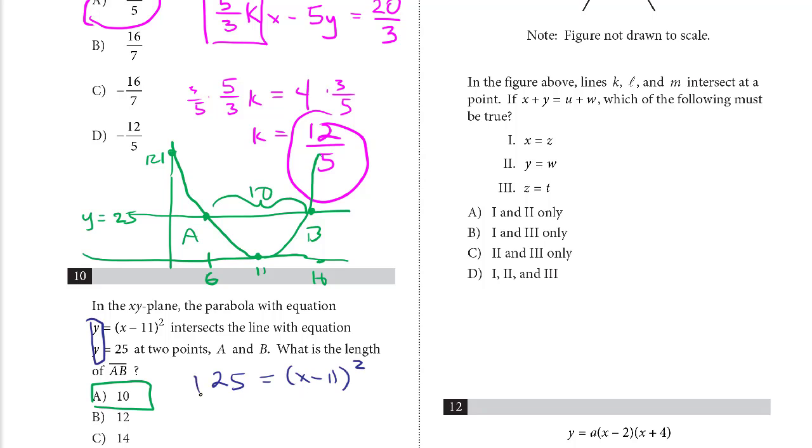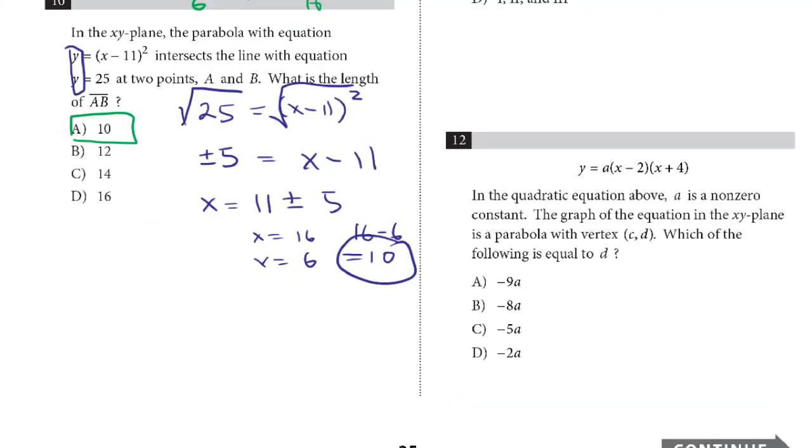I'll take the square root of both sides, and I'll get x minus 11 equals plus or minus 5. The absolute value of x minus 11 equals 5, but x minus 11 will have a positive and a negative case solution. Okay, so solve for x. That's going to be x equals, add 11 to both sides, 11 plus or minus 5.